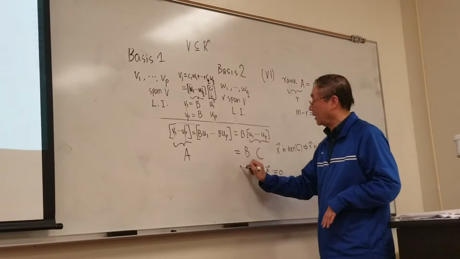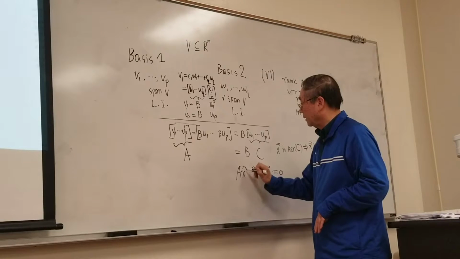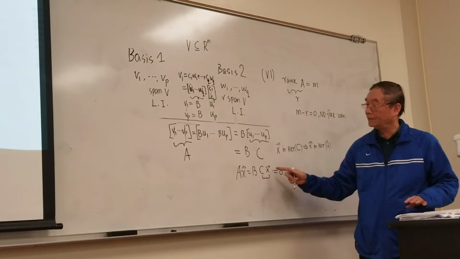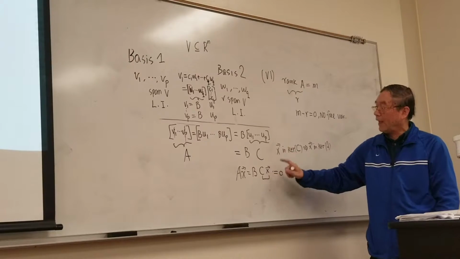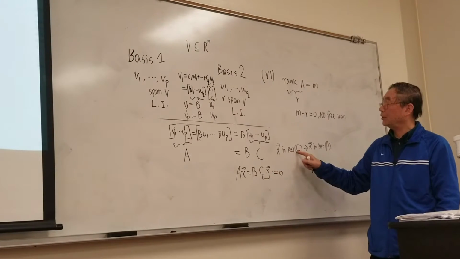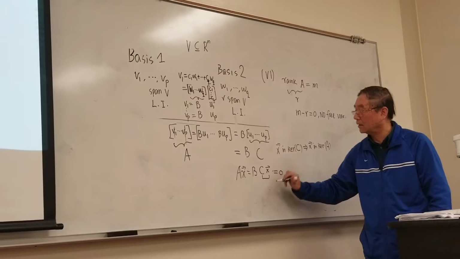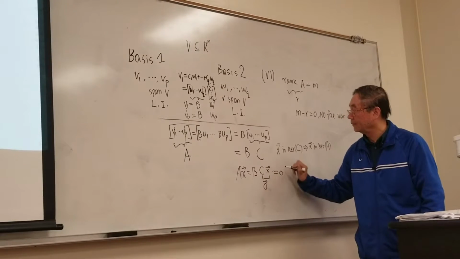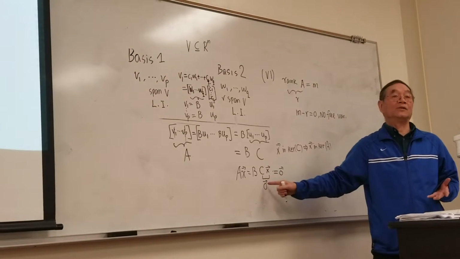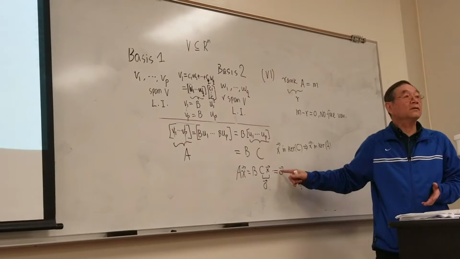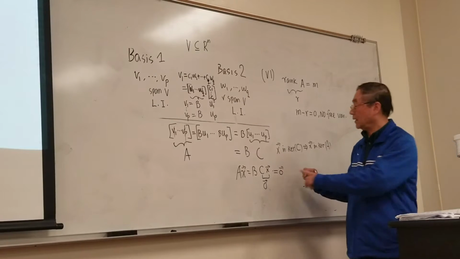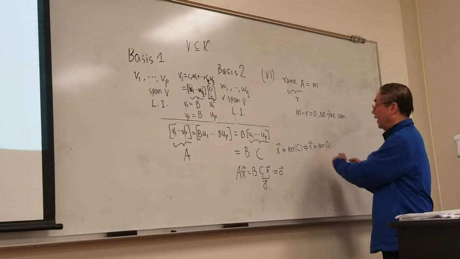Because A is BC, so AX is B times CX. So if X is in the kernel of C, that means CX is already 0. Then no matter what B is, B times CX is also 0. That means X is in the kernel of A.